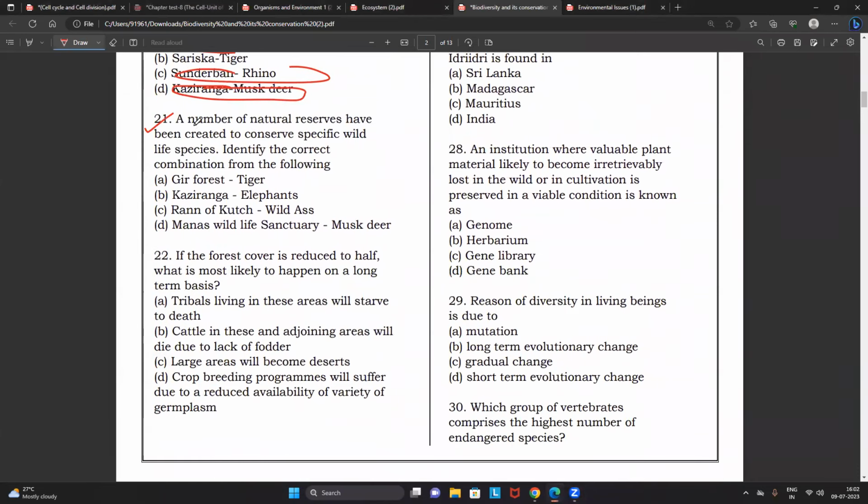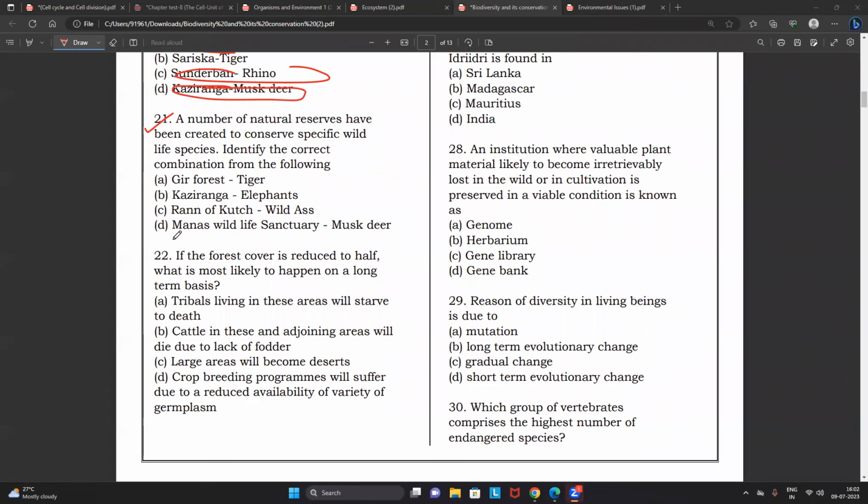Question number 21. A number of natural reserves have been created to conserve specific wildlife species. Identify the correct combination from the following. Again, you have to choose the correct combination. Okay.